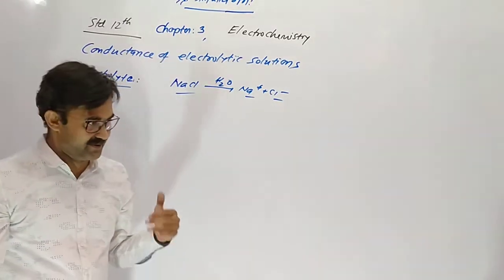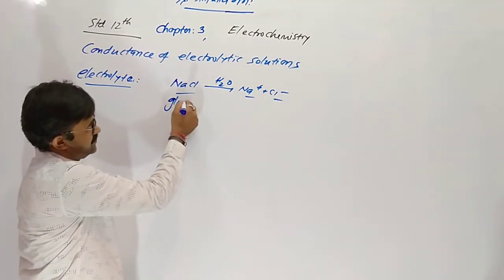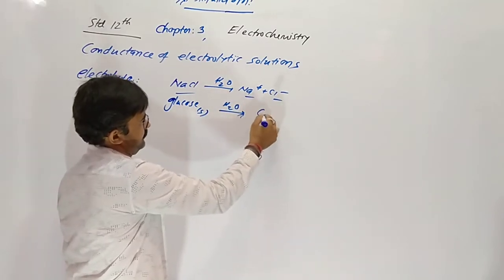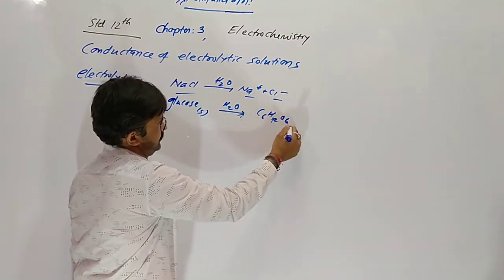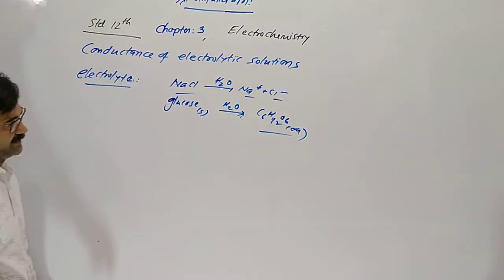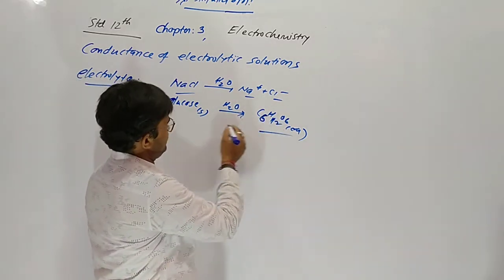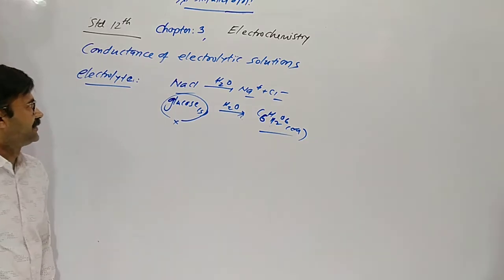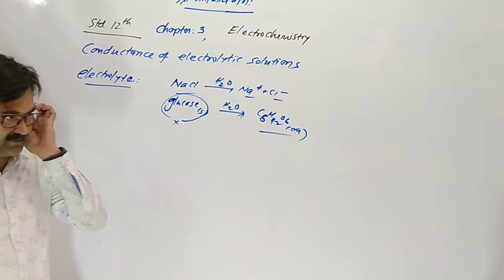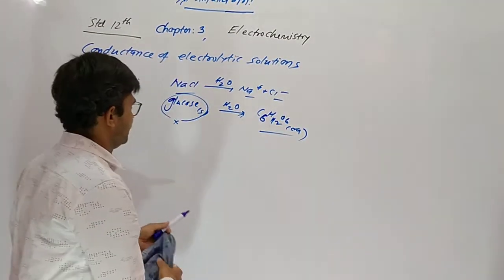Glucose powder, when we dissolve it into water, dissolves and becomes aqueous but never gives ions. Glucose is not giving ions, so glucose is not an electrolyte. It is a non-electrolyte. Understood? So we are going to discuss the conductivity of the solution.